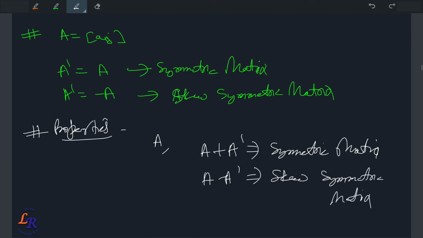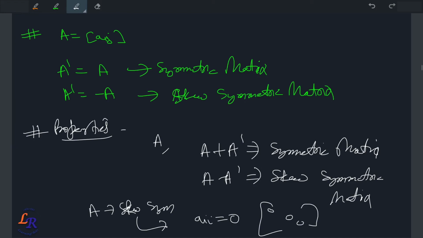Also, we had seen that if A is a skew symmetric matrix, then the diagonal elements would be 0.